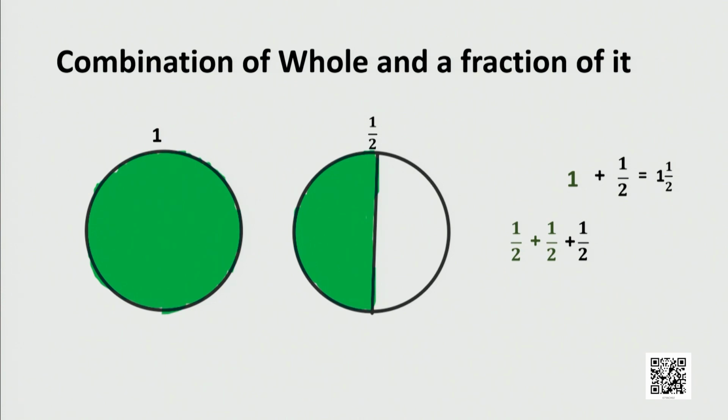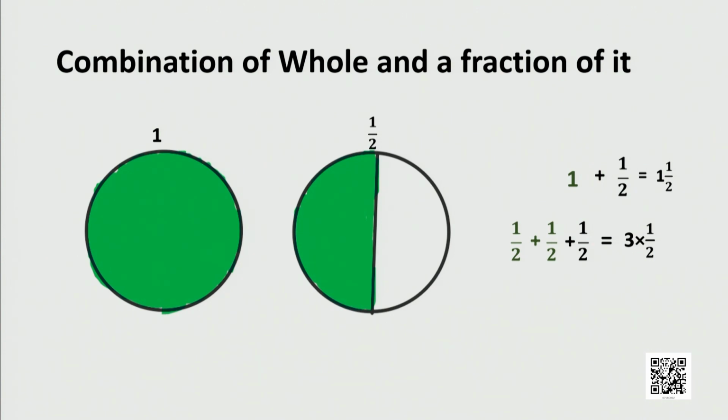So again the same question: when you have 3 things and you are adding them together, we use the multiplication symbol for that. So we can use the multiplication symbol here also. How many 1 over 2 are there? How many halves are there? There are 3 halves. So how am I going to write it? I can write it as 3 times 1 over 2.